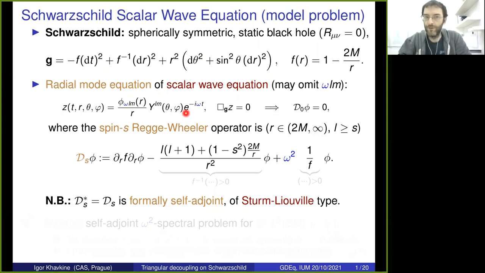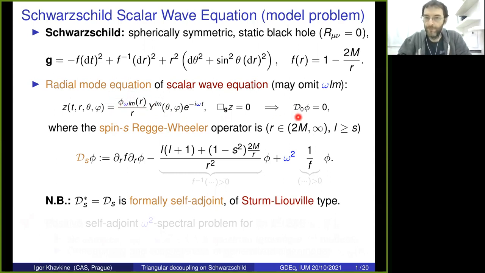So introduce time harmonic modes, spherical harmonics, factor out r dependence for each of these particular frequency and angular momentum modes. And if you plug this separated ansatz into the wave equation, what you find is the so-called radial mode equation for these radial modes.